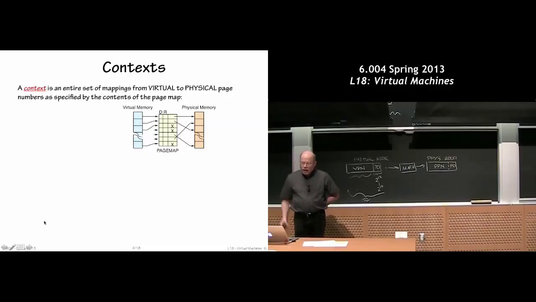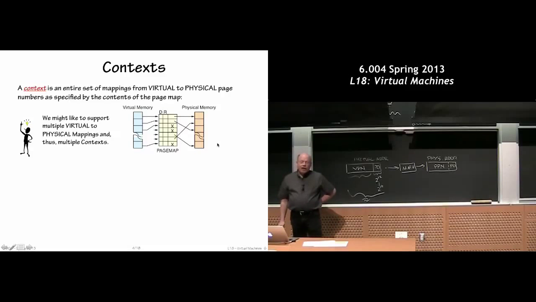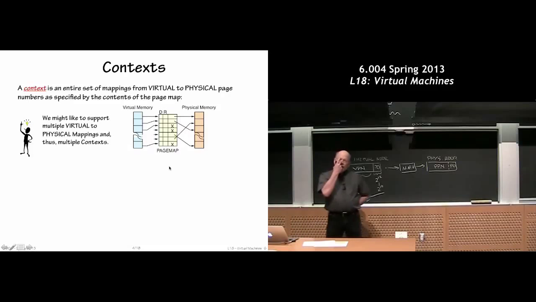Okay. So in general, we can think of this mapping from virtual memory to physical memory as a context, and that'll be our first step in creating a virtual machine. So the context will be part of the illusion we're creating about giving you a very large virtual address space, and at any given time only having actual locations in main memory that correspond to the virtual pages that you're using.